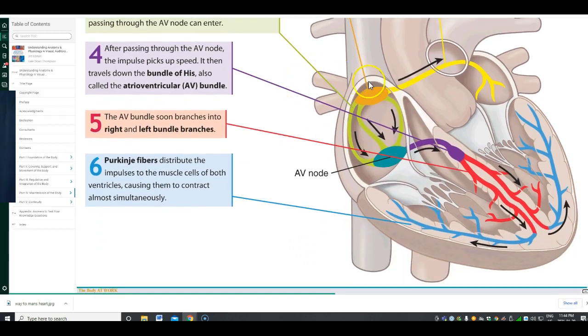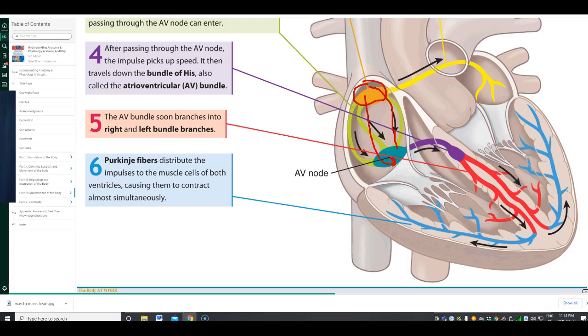So you have, number one, the SA node, the sinoatrial node. So here's the SA node. This is where the nerves act on it. The sinoatrial node will then pass the information to the atrioventricular node.